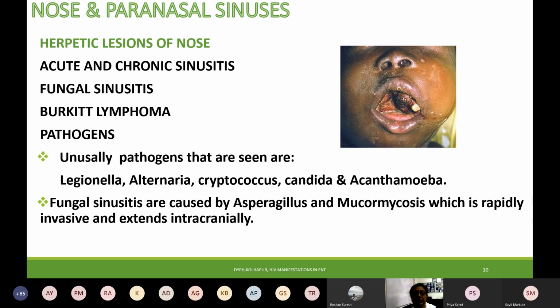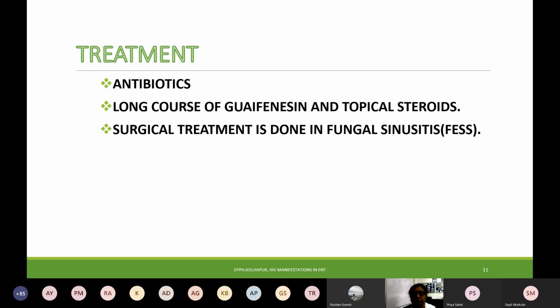The fungal sinusitis is caused by Aspergillus and mucormycosis, which are rapidly invasive and extend intracranially. This is very important about fungal sinusitis, which is associated with HIV.